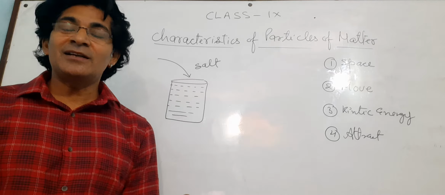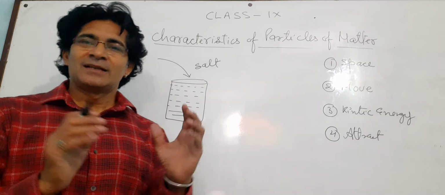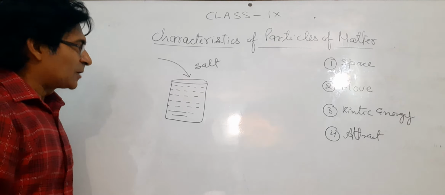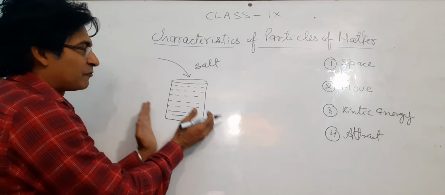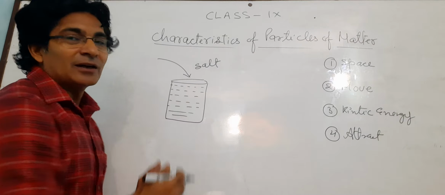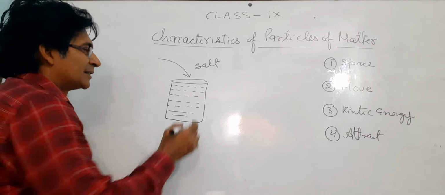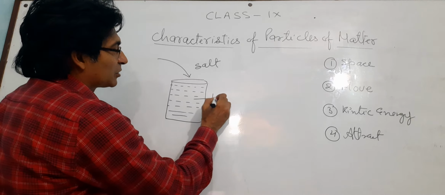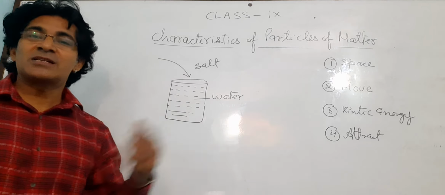After some time, you will see that the salt particles are not visible to you. So, exactly where have the salt particles gone? The salt particles have occupied the space which was in between the water molecules. That means you will not notice any change in the volume when you mix the salt in it.